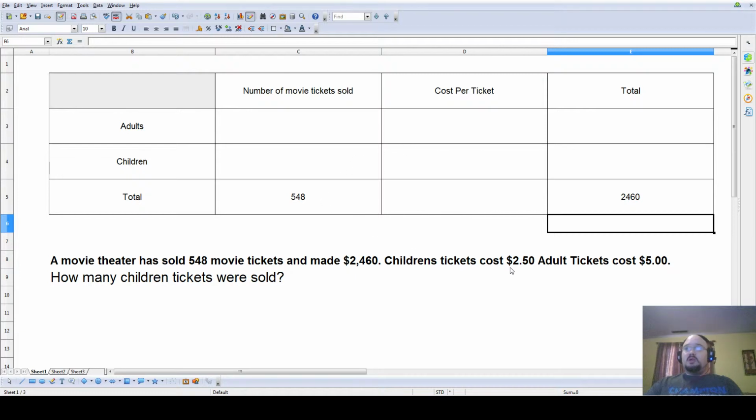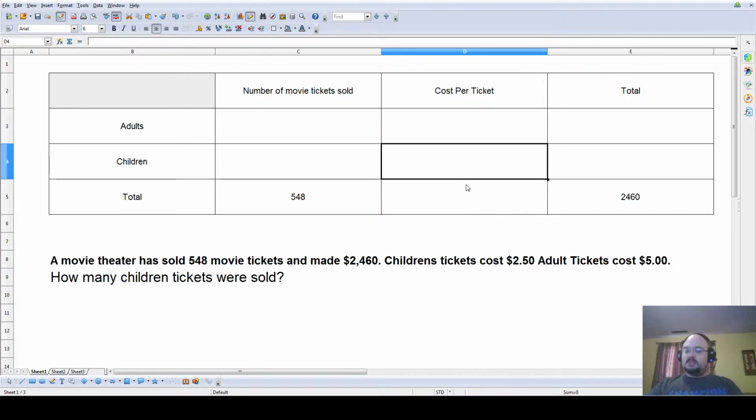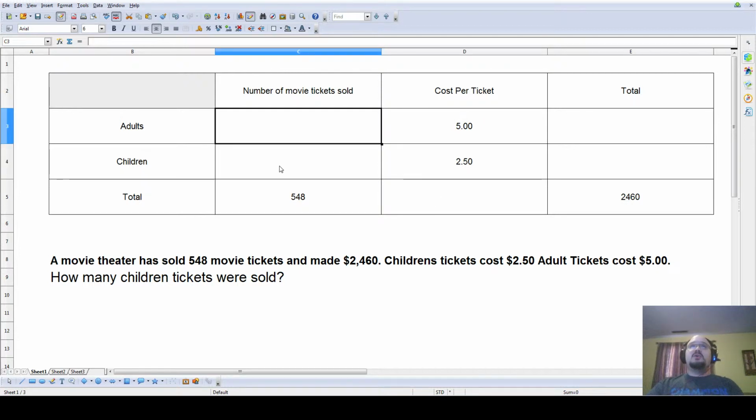Now, what else do we know? We know the children's tickets cost $2.50. And we know that the adult tickets cost $5. All right. Do we have any other information? Looks like we've actually covered all of it in here, so we don't really have anything more to add. Now, what could this be?